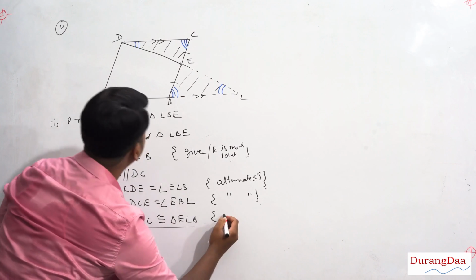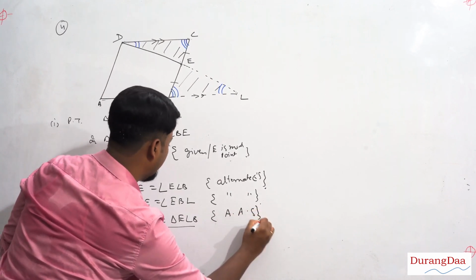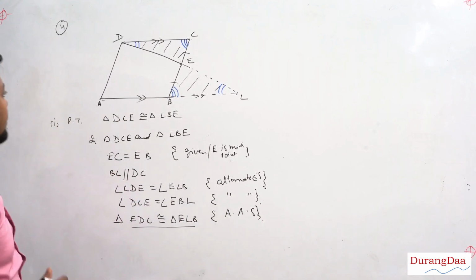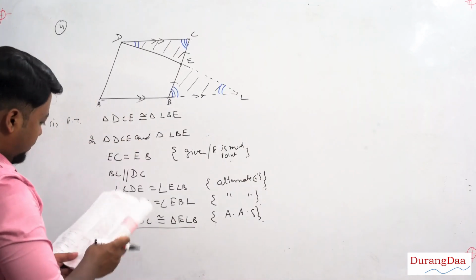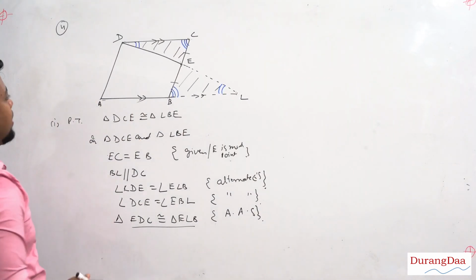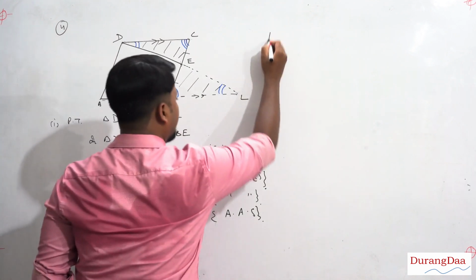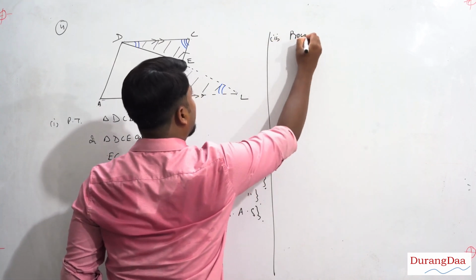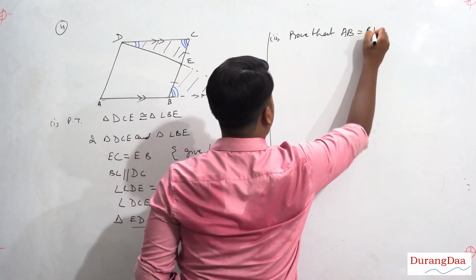So, this is by angle, side. So, two triangles are proved congruent by angle, side. So, first part is done. Now, let us see what they have asked in the second part. We have to prove that AB equals BL. How to do that?